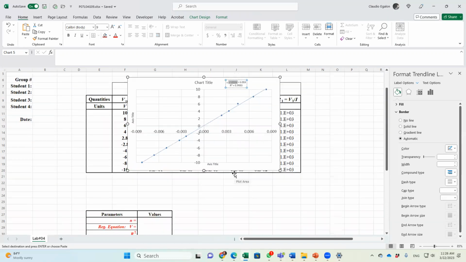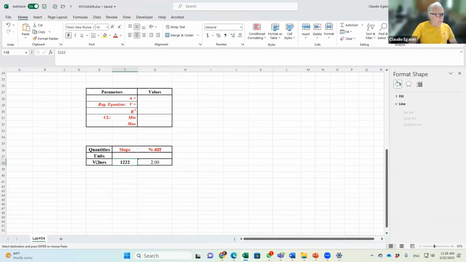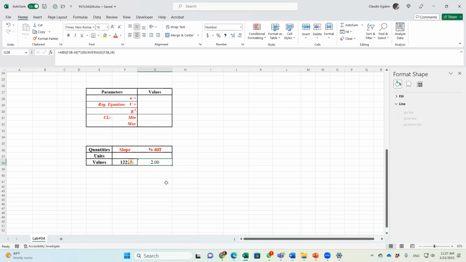And you type the slope right here, the slope values, and here are the units. Units are here, values are here. So you just type the slope right here. In my case, my slope is 1,222. And then you read the percentage difference in this cell. In my case, it's 2% only. Make sense? Okay, got it. Thank you.